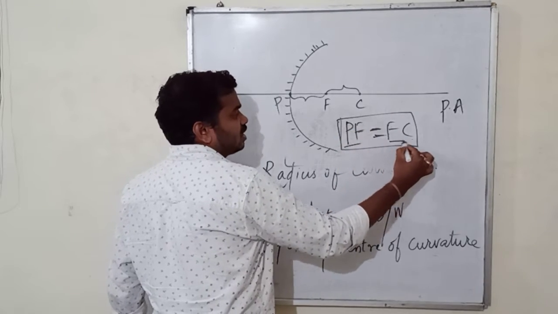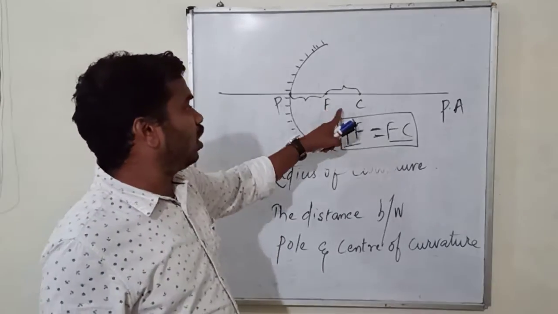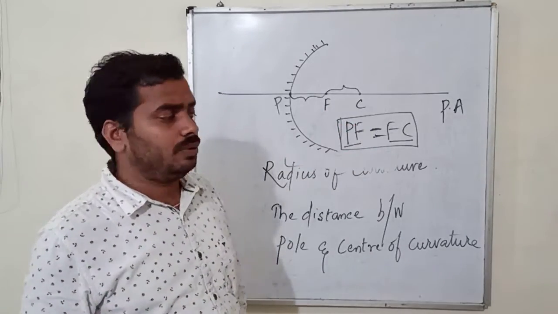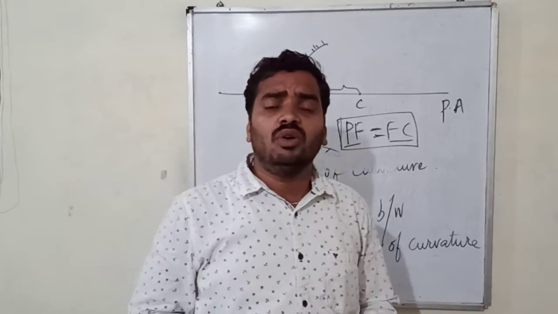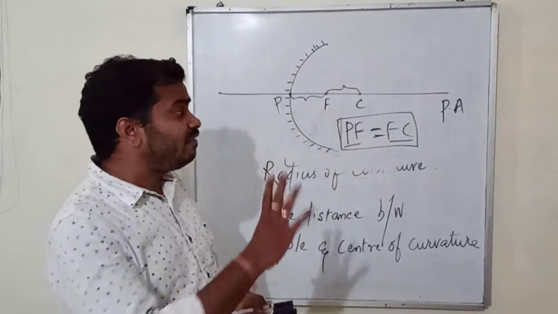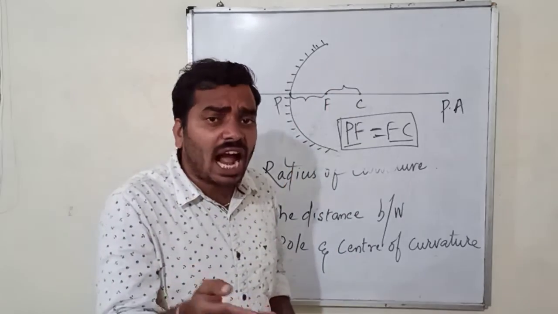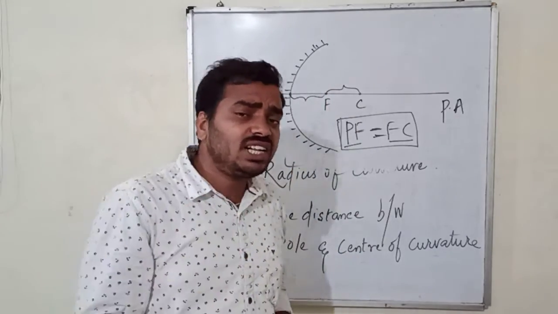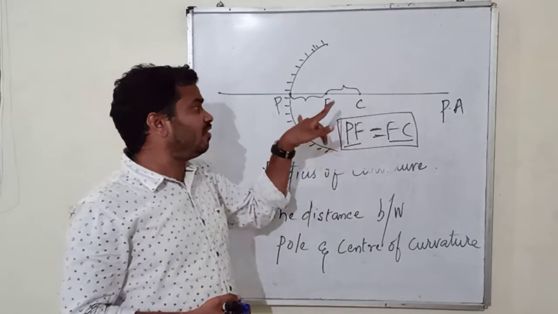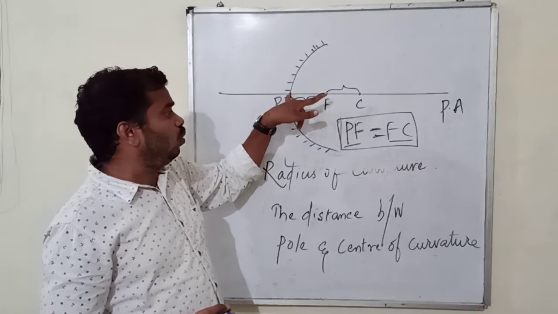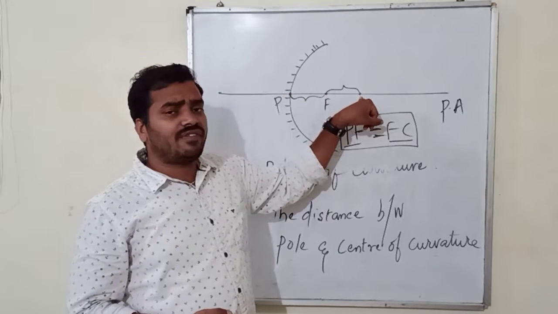Focal length is equal to the distance between focus and center of curvature. By knowing the focal length, you have this information. Ultimately, if you know the focal length, you indirectly have the center of curvature also. From the pole you move on the principal axis up to the radius of curvature.